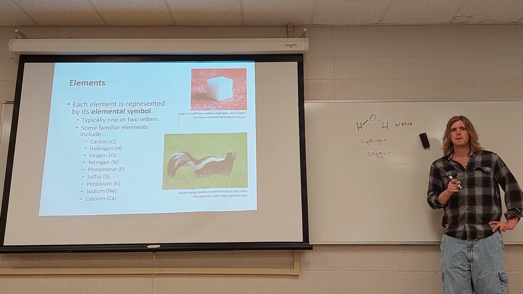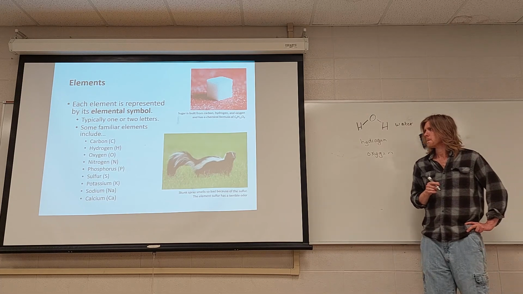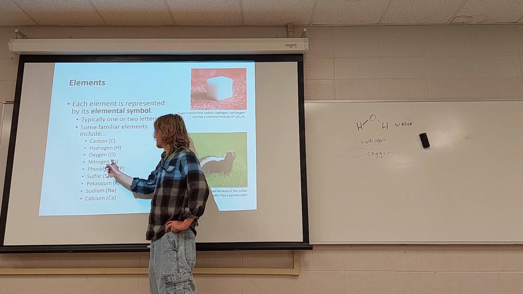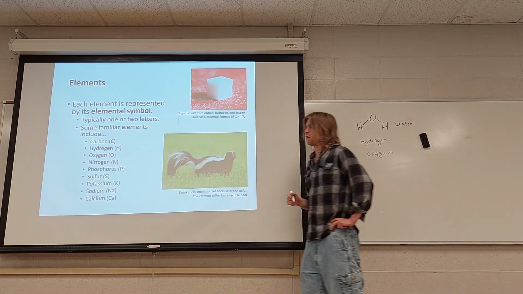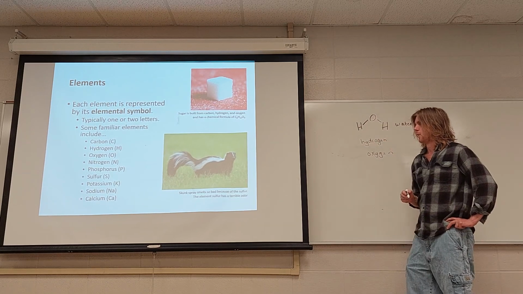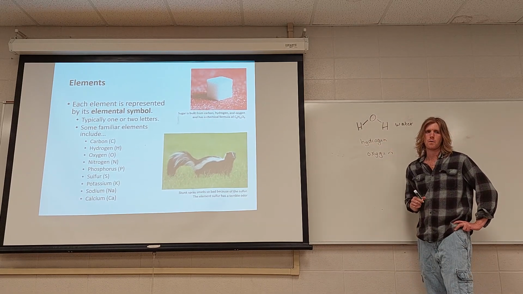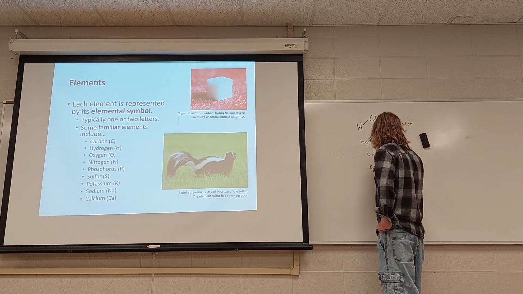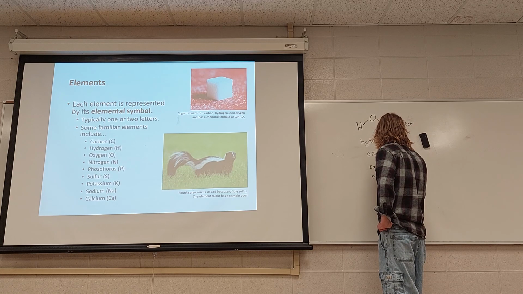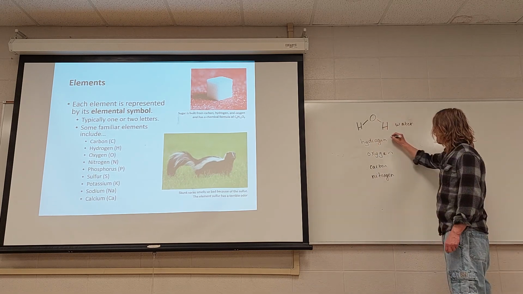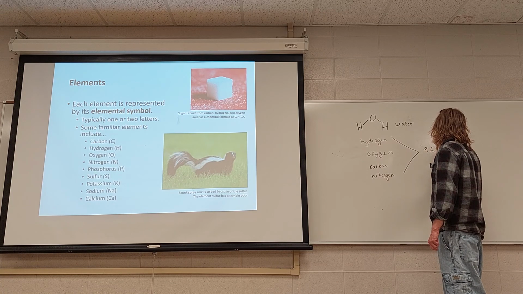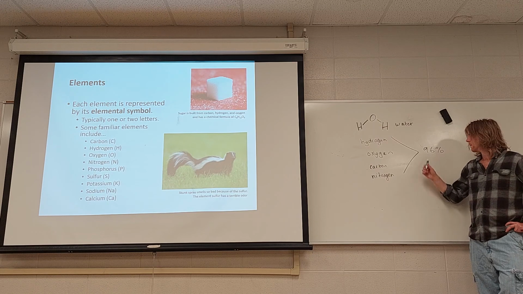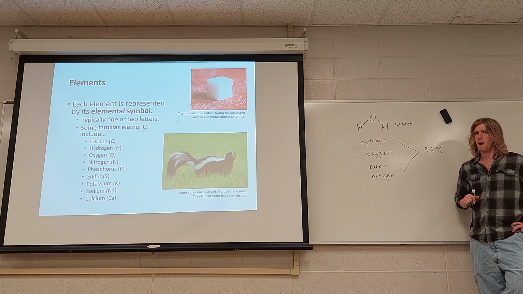Elements are generally represented by their elemental symbol, which I've got listed to the right here. Many of them are pretty easy to remember because it's just the first letter of the element, like we see with carbon, hydrogen, oxygen, and nitrogen. Speaking of those four, these four compose just a little bit more than 96% of your body weight.